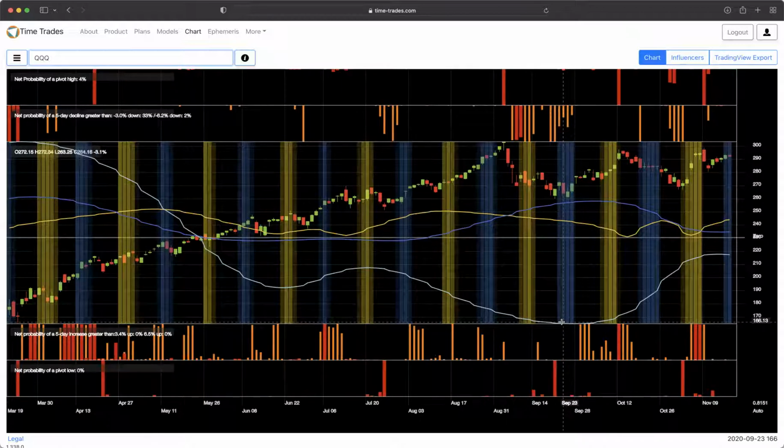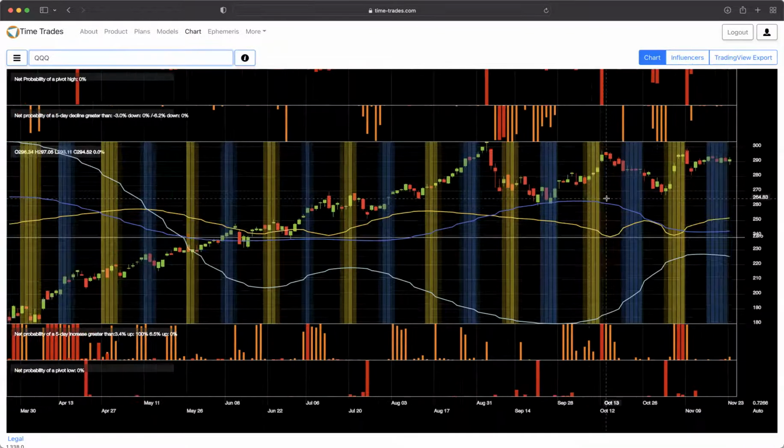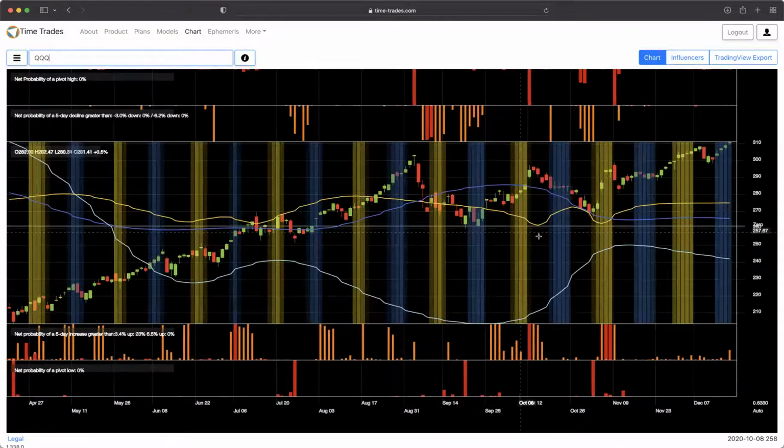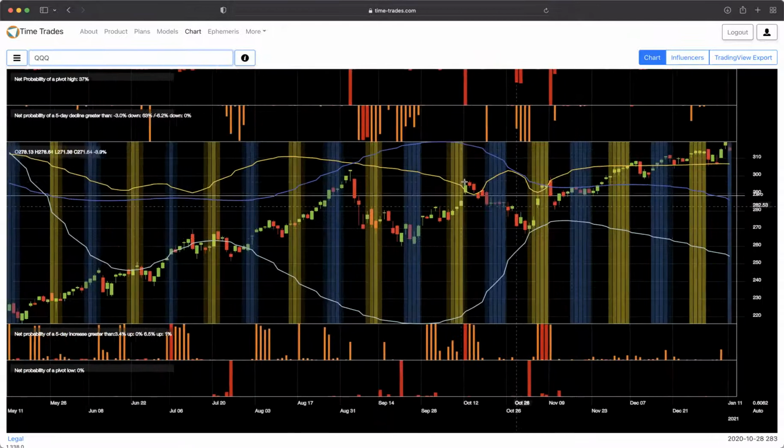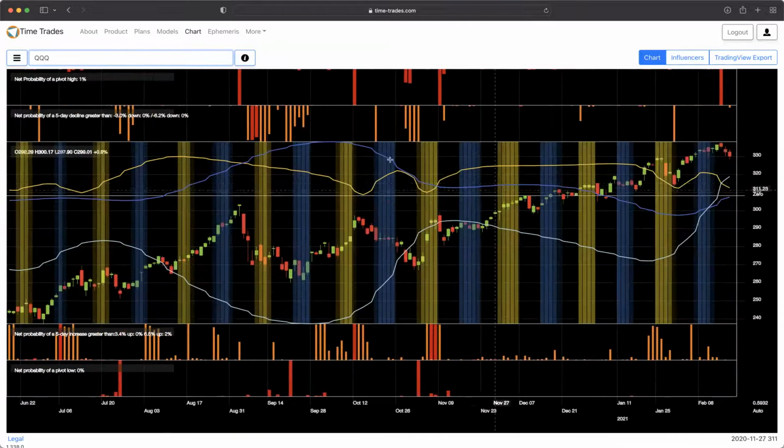So here's light blue making an extreme low exactly at the same time that price is making a medium-term low in September, okay? So again, look for these kinds of important timeframes where the blue curves, either light blue or dark blue, are changing direction or crossing the zero line. And same with yellow. Watch for when yellow is starting to slow down or change direction as well.